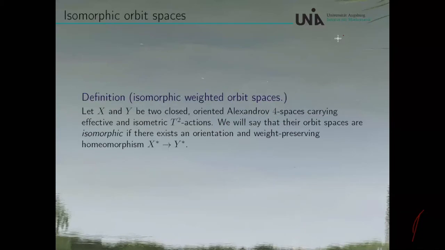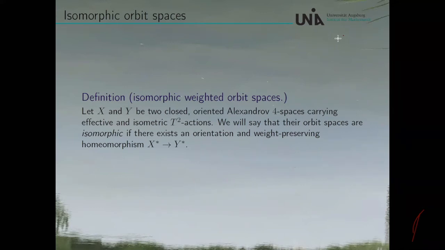So let me define what we mean when we say two orbit spaces are isomorphic. This is what we expected, meaning that there exists a weight and orientation preserving homeomorphism between the two orbit spaces.